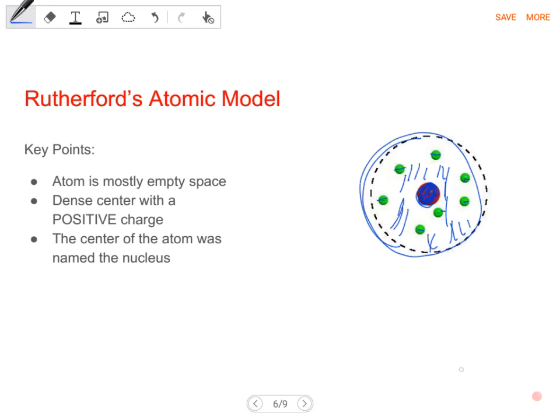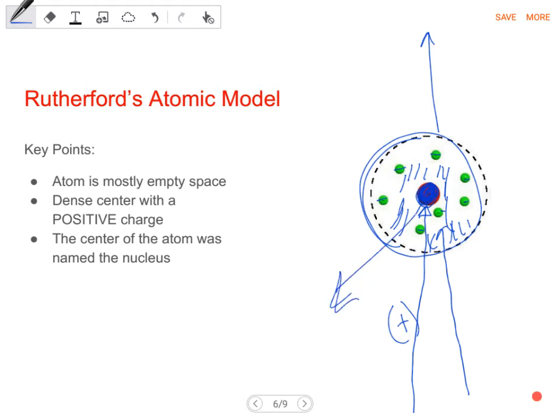And this would explain why when he shot the alpha particles through this model, most of them went straight through because there was nothing to hit. There was only some that came through towards the positive center. This is a positive particle towards the middle positive. It's going to try to avoid it and repel this way. So this is his model of the atom.